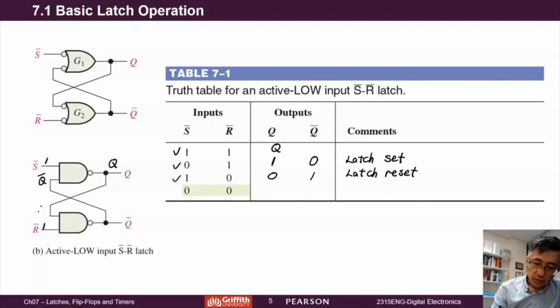Here is Q. Q and 1 will give not Q. So this one will be not Q. Okay, will be the same. Which means both output terminals are no change, which means we can make a memory.